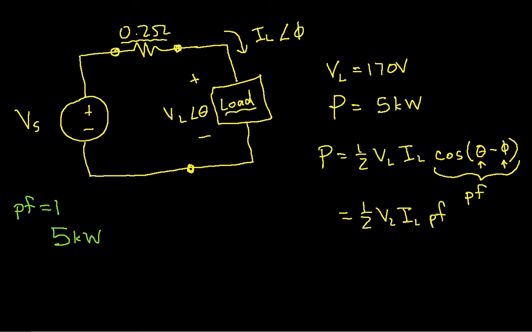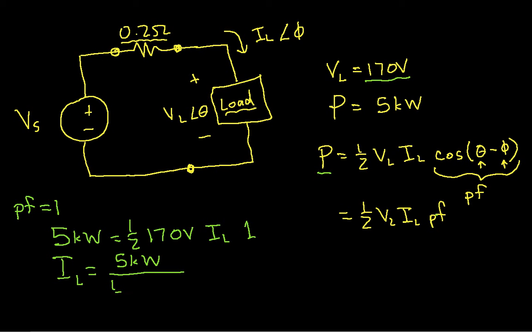That's P. And this will be 1/2 times 170 volts, that's the magnitude of my voltage, times IL, which I don't know yet, times a power factor of unity. I can solve this for IL. I get IL is 5 kilowatts over 1/2 times 170 volts.